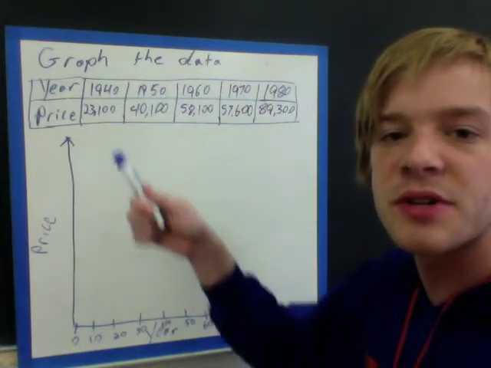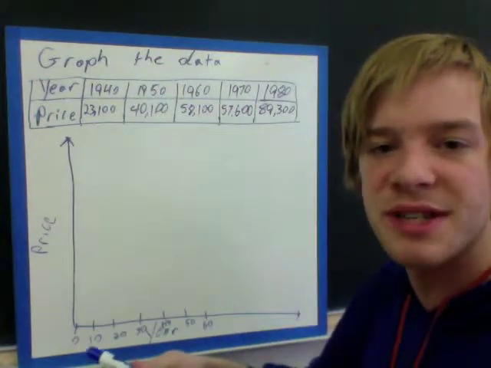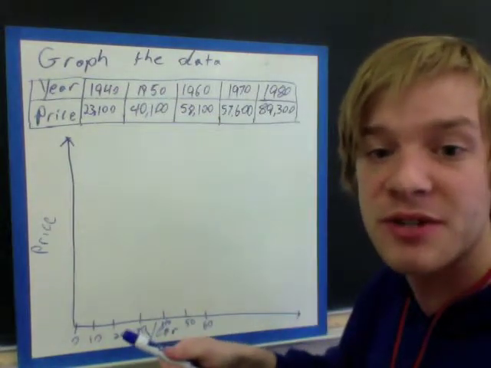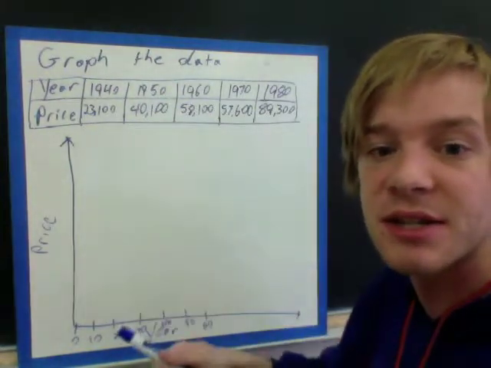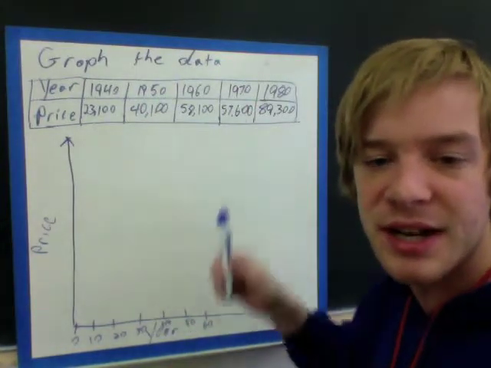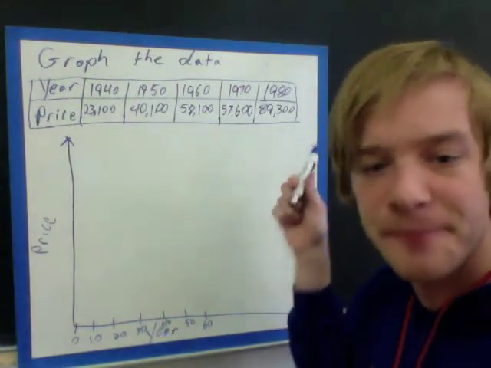The 0 is going to go with 1940, that's our 0 year, because that's our first year. Ten years later is 1950, 20 years after our 0 year is 1960, 30 years will be 1970, and 40 years will be 1980. So we're going by 10 each time because our years go by 10 each time.